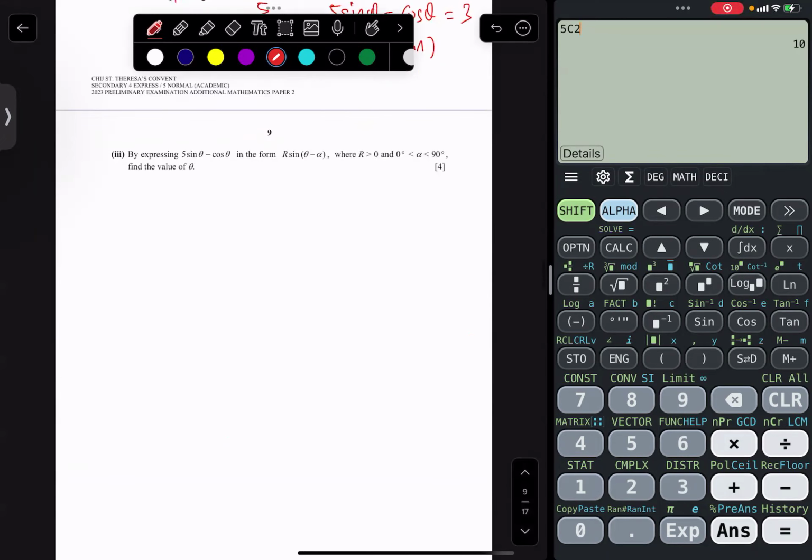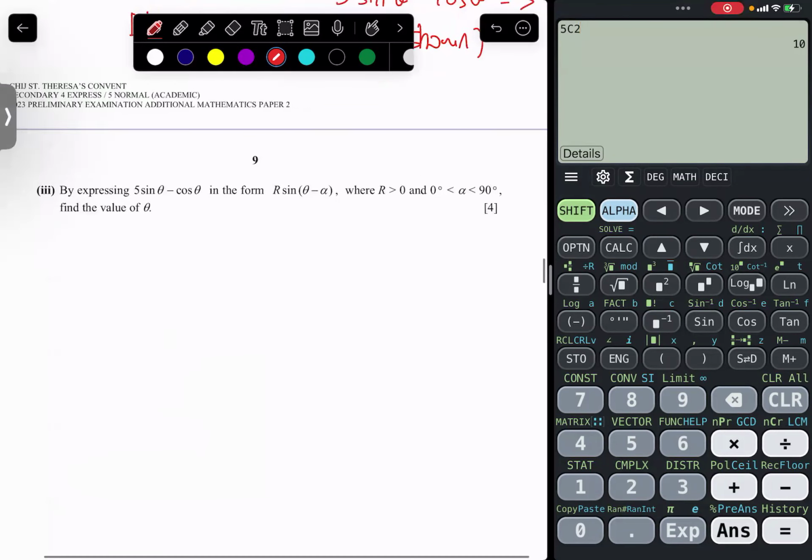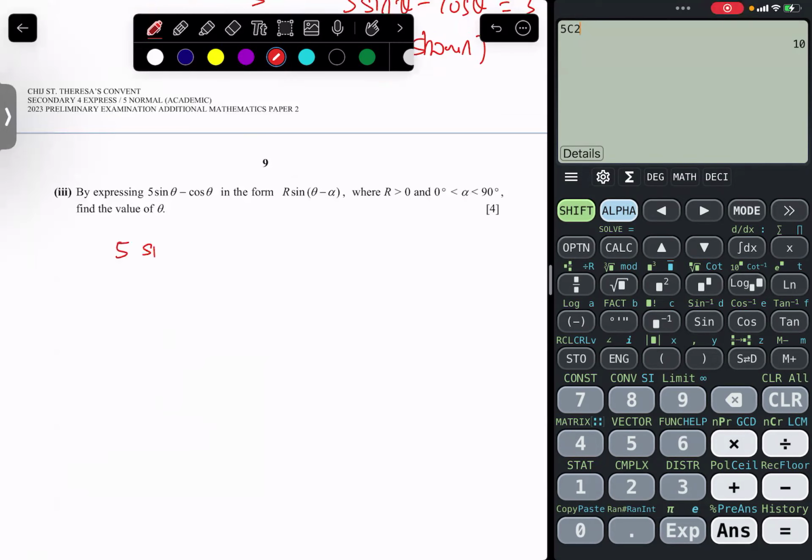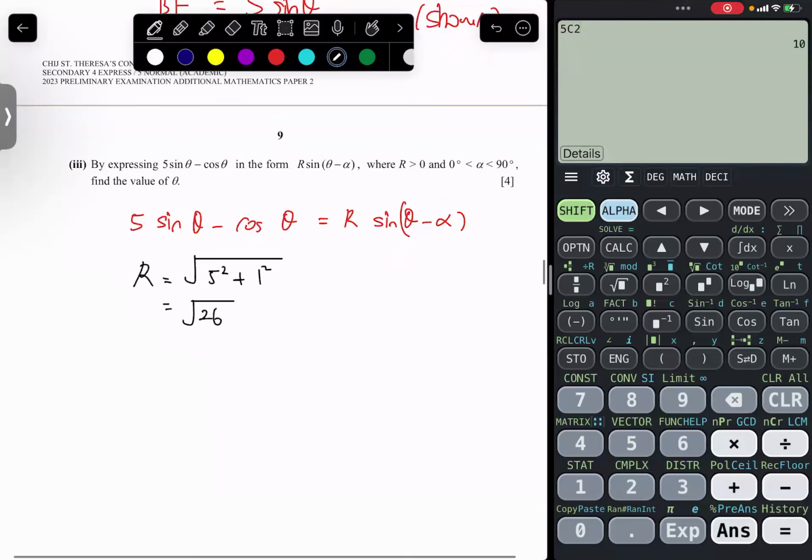By expressing the value in the form r sine theta minus alpha, find the value of theta. So 5 sine theta minus cos theta into the form of r sine theta minus alpha. So r equals square root of 5 squared plus 1 squared, which equals square root 26.